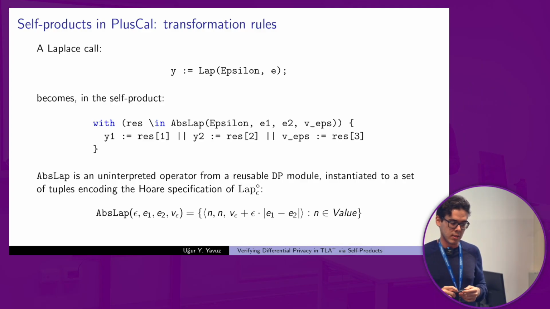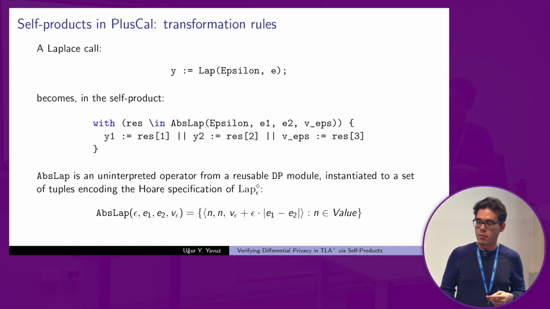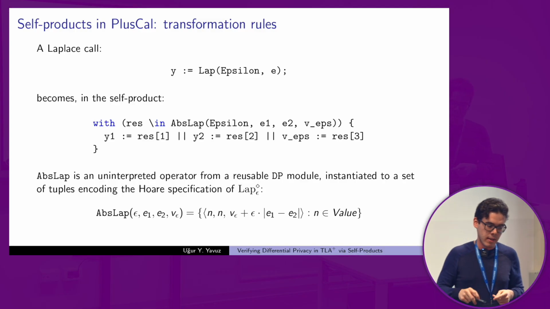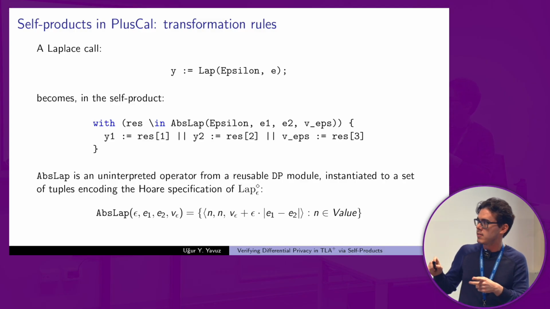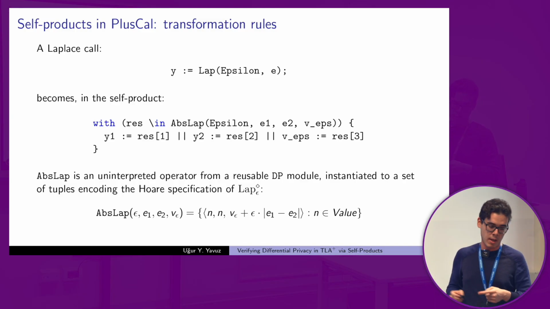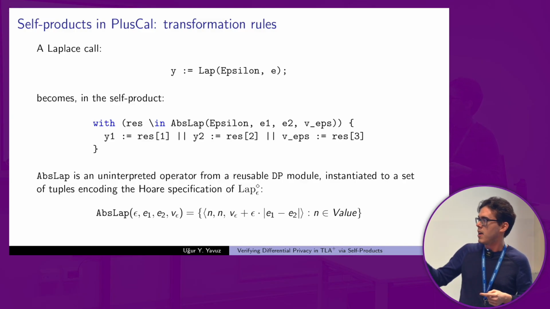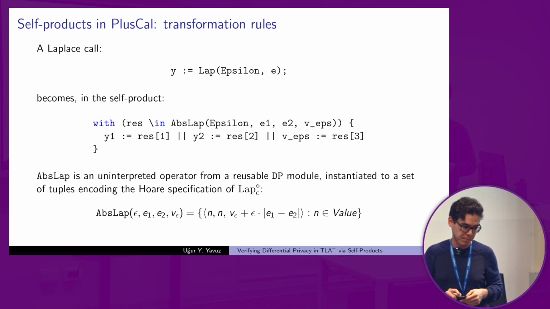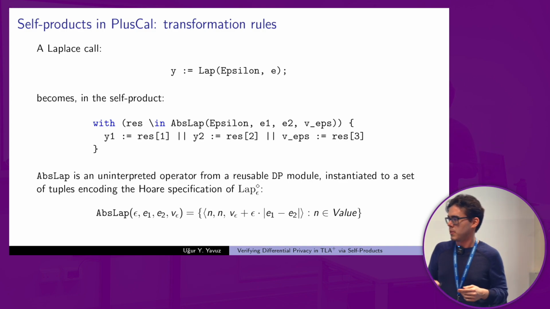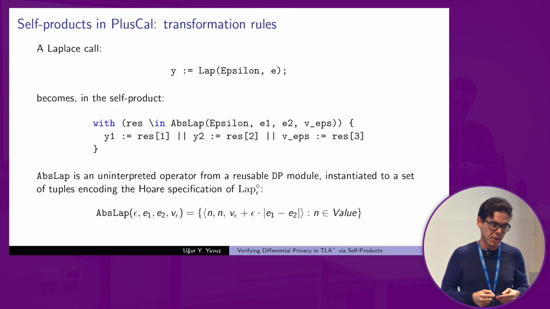The interesting case is the Laplace call. A source statement of the form y gets assigned Laplace epsilon of e becomes a PlusCal with block. The with non-deterministically picks a tuple res from the set returned by UpsLap and parallel assigns its components to y1, y2, and the ghost variable v epsilon. UpsLap itself is an uninterpreted operator from a reusable DP module that we wrote.